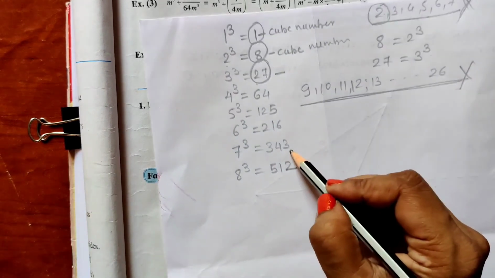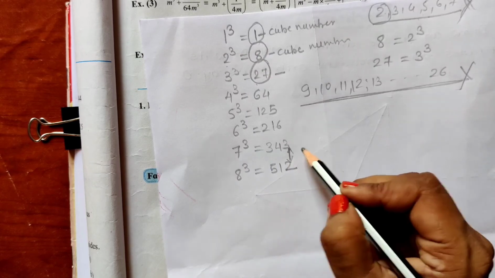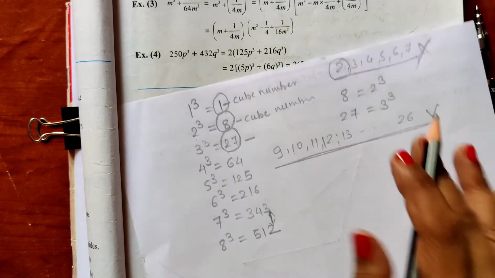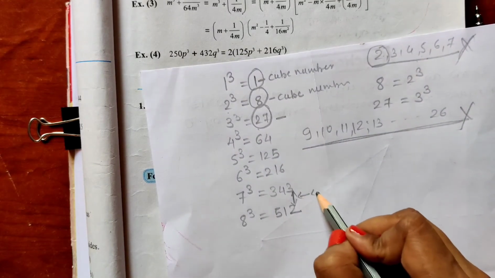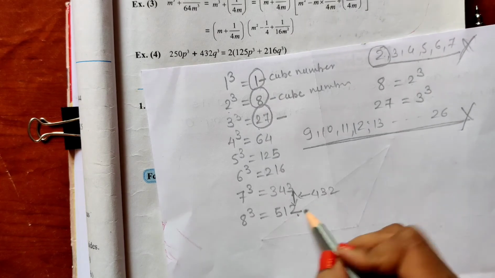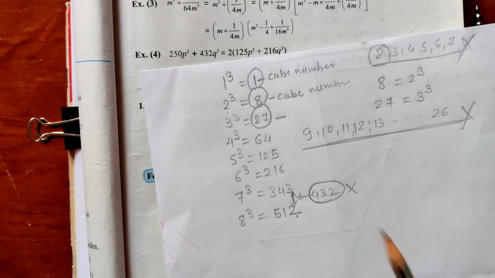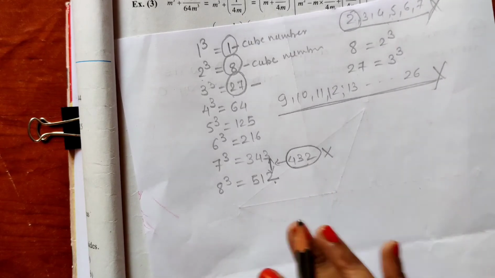So whichever numbers are between 343 and 512 are not perfect cubes, and we can see that 432 comes in between 343 and 512. That means 432 is also not a cube number. It cannot be converted into the cube of any number.